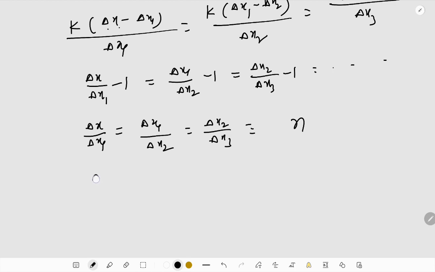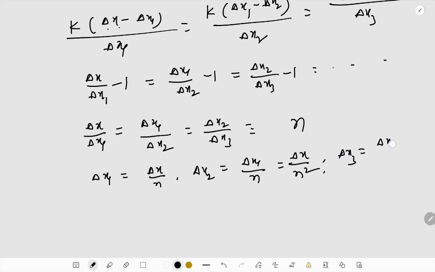We can write here delta x1 equal to delta x by n, and in a similar manner delta x2 equal to delta x1 by n, that is equal to delta x upon n square, and similarly we can write delta x3 equal to delta x by n cube, and so on.